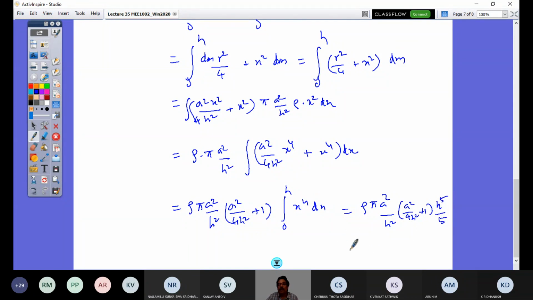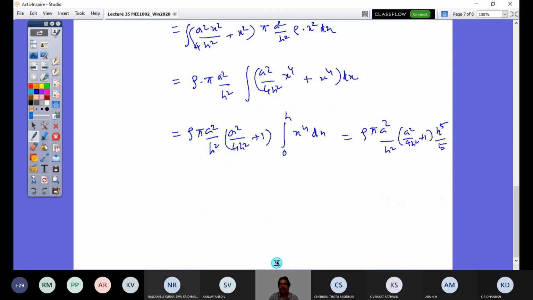So now this, if I modify and write in terms of mass times the quantity, what I would get is this. I'm going to write like this. I do not want the h squared term down, right?